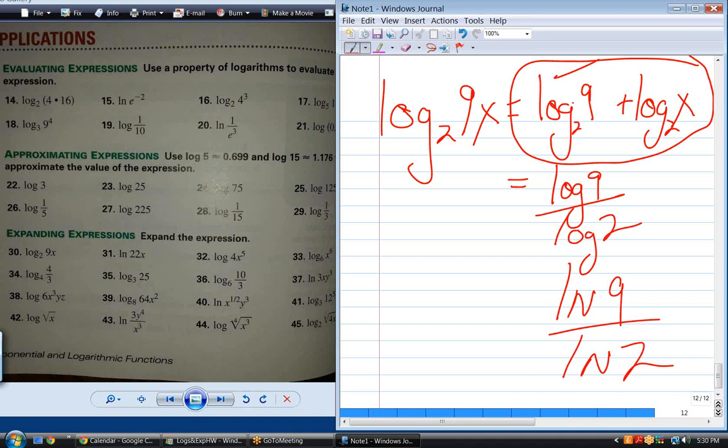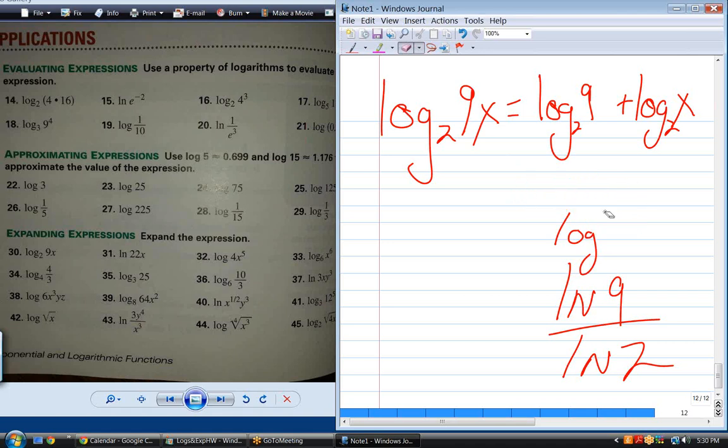So when you go to convert odd bases, and when I say odd, I mean anything that's not 10 or e is considered an odd base to me, because it's not commonly used. You have to convert it. Whether they wanted you to do that part or not, I don't know. This might have been an acceptable answer, but I actually prefer log. No, this is an acceptable answer, actually.